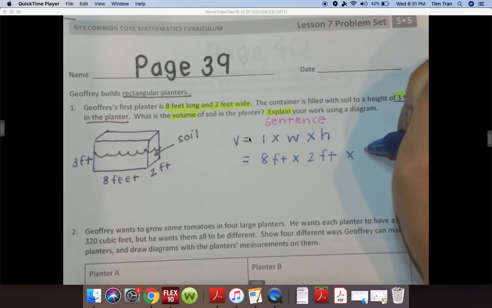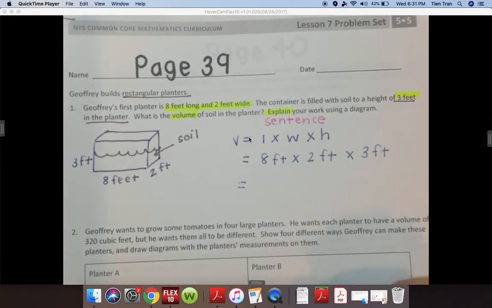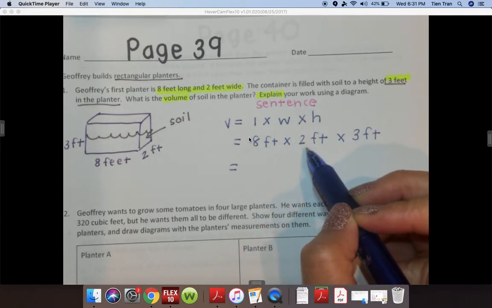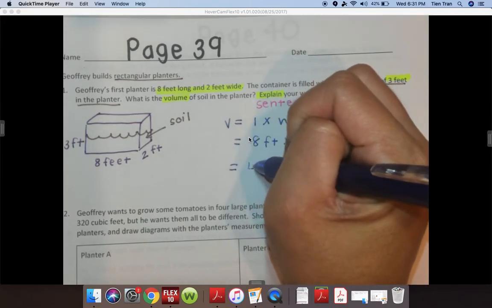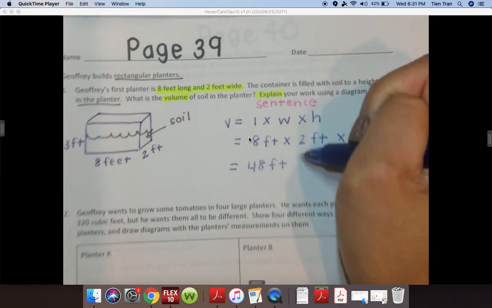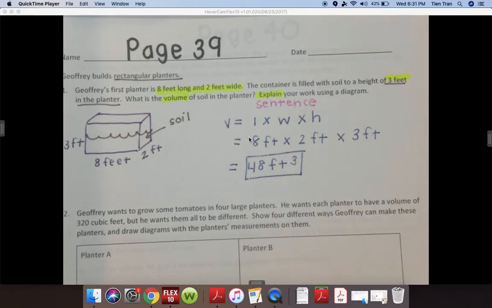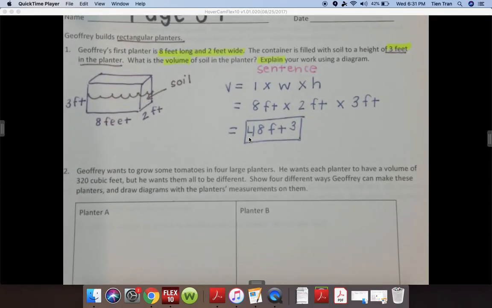And my height is 3 feet. So when I multiply them together, I know that 8 times 2 is 16, and 16 times 3 is going to give me 48 feet cubed. So there is 48 feet cubed of soil in the planter.